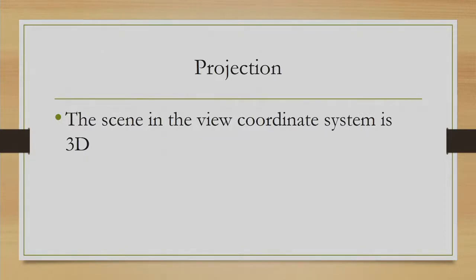However, when we discussed about transforming the world coordinate scene to a view coordinate scene, that was still a 3D description. So, the scene that was transformed to view coordinate system was still in 3D or 3-dimensional scene.